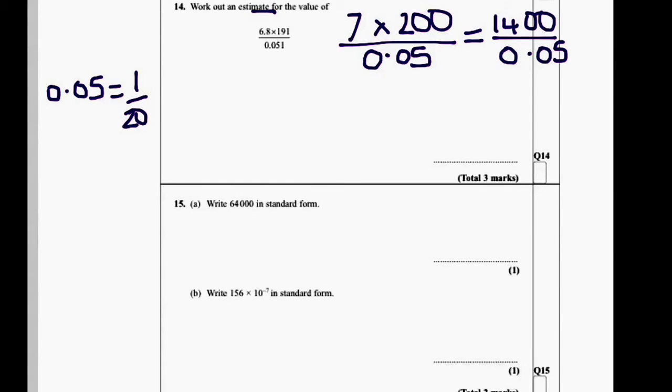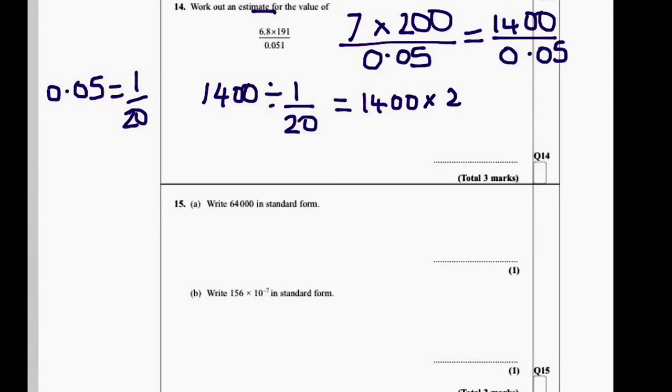And if we're dividing by 1/20th, that's the same as 1,400 times that fraction flipped over, 20 over 1, or just 20. So 1,400 times 2 gives me 2,800, but I wasn't multiplying by 2, I was multiplying by 20. So this is your answer.